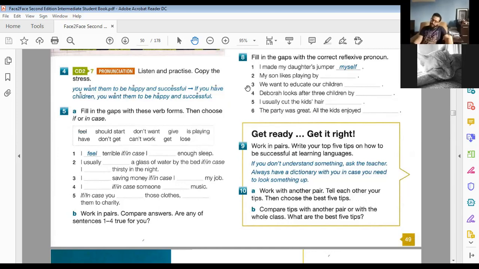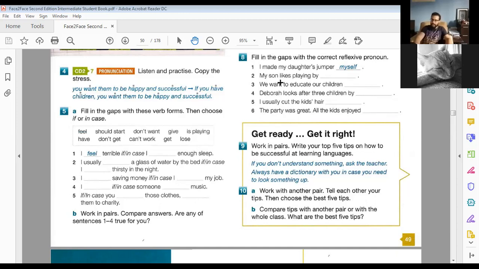Always keep in mind that the reflexive pronoun is related to the subject. Children here is not the subject of the sentence. Who's the subject? What's the we? Yes, the subject is we. So the reflexive pronoun is related to the subject. If you check the first example, when you read number 2, notice what you did. Can you repeat it? My son likes playing by himself.